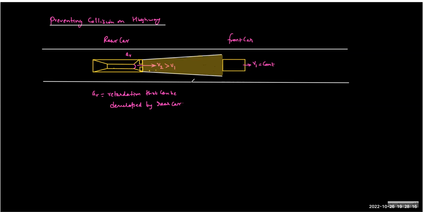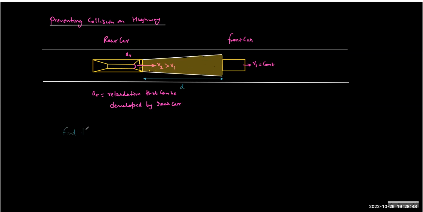So at this instant, when the separation is D, you realize that there's a car in front of you. Again, the same question is, what is the minimum D required to prevent the collision?